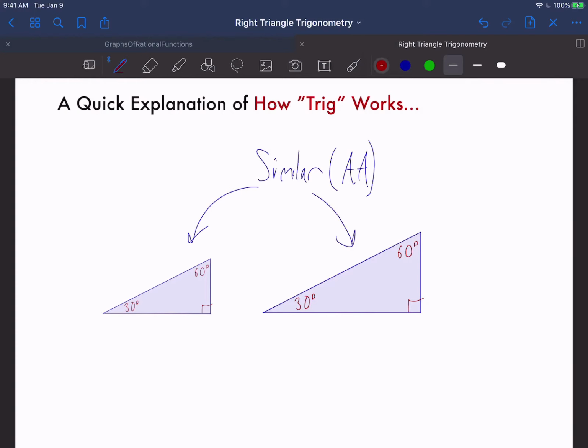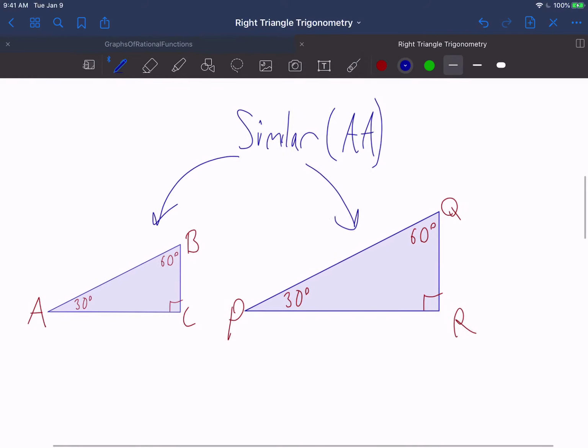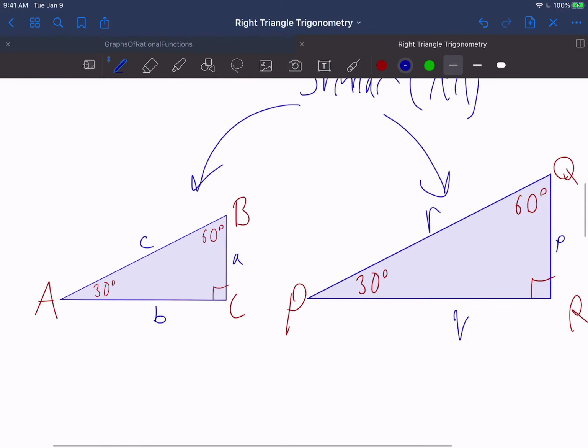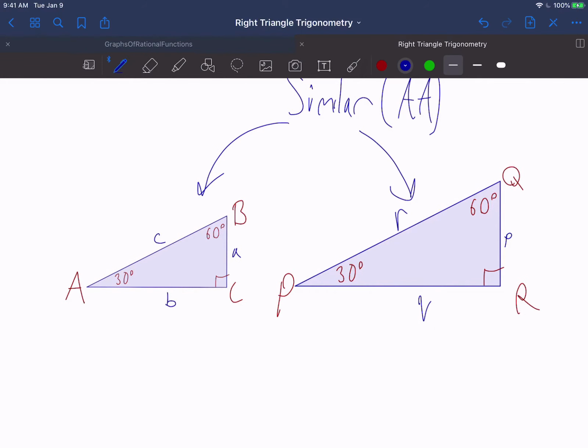All right, so just for fun, we will call this triangle A, B, C, and we can call this one P, Q, and R. That means across from angle A, we have little a, little b, little c, and across from P we have little p, across from Q, little q, and across from R, little r. So that's worth noting.